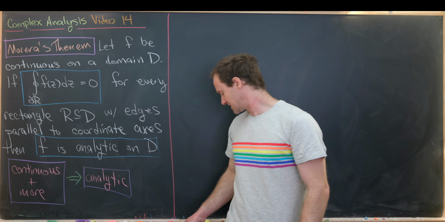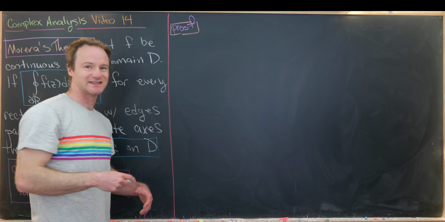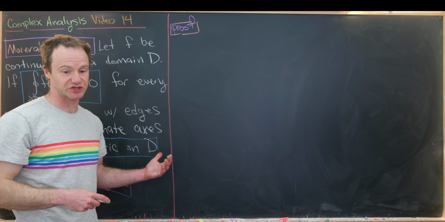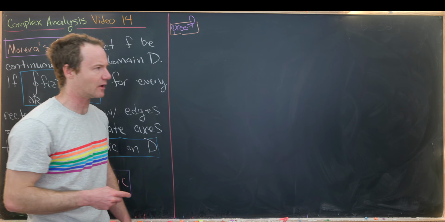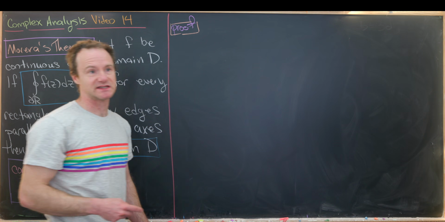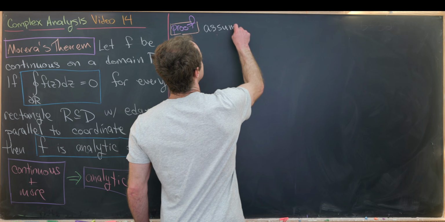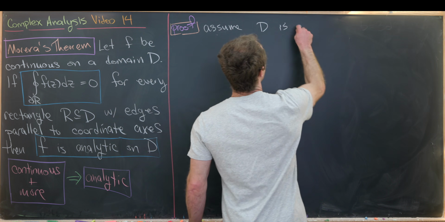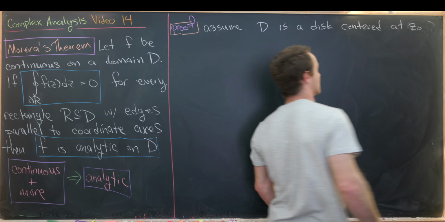Okay, so now let's get into the proof. We're going to make a little bit of a simplifying assumption to start off with, but this isn't really much of a simplifying assumption, and I'll talk about why it is more general than it might seem after we make it. So let's assume that D is a disk centered at z naught.